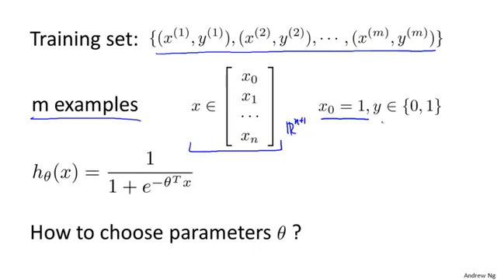And because this is a classification problem, our training set has the property that every label y is either 0 or 1. This is our hypothesis, and the parameters of the hypothesis is this theta over here. And the question I want to talk about is, given this training set, how do we choose or how do we fit the parameters theta?